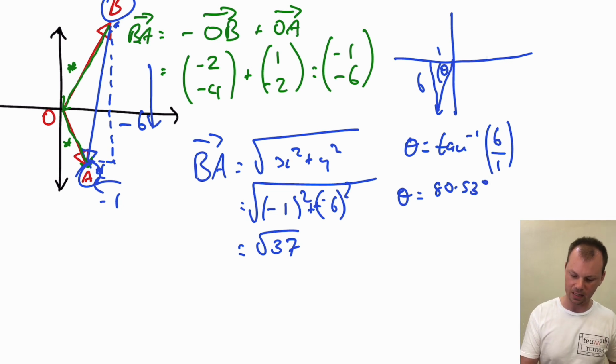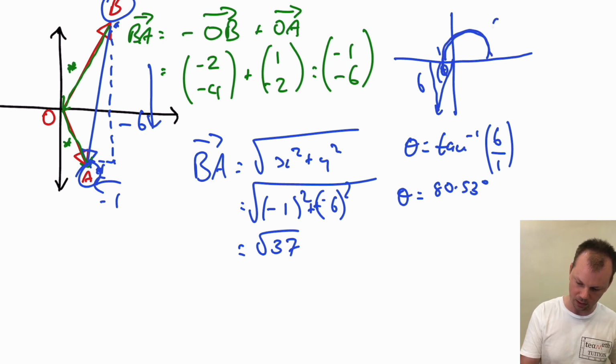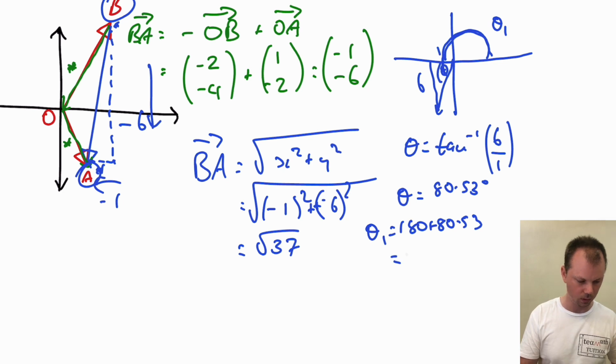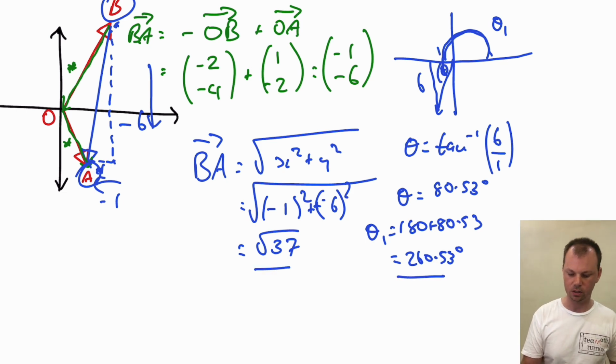From the positive x-axis, we've got 180 plus 80. Let's call that big one here theta 1. And that should be 260.53 degrees. And we've worked it out in terms of magnitude and direction.